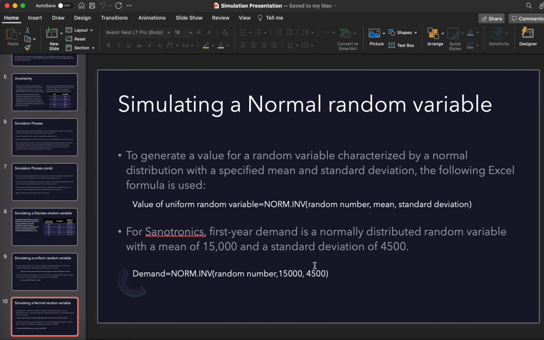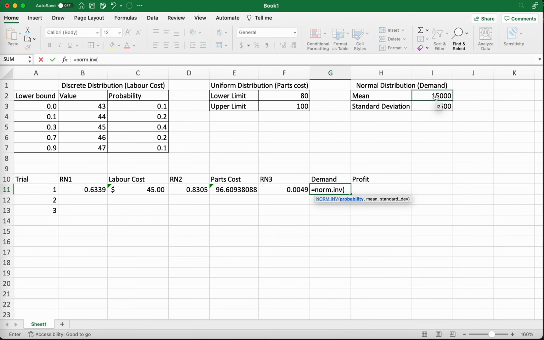Mean is 15,000, standard deviation is 4,500. So this is the random number we generated, comma mean, which is 15,000, then standard deviation is 4,500. I'm just going to type in the numbers because there are only 2 of them. But if you want, you can just refer back to them. If you're referring to them here, make sure that you use dollar signs for these because they're going to stay the same for the whole value.